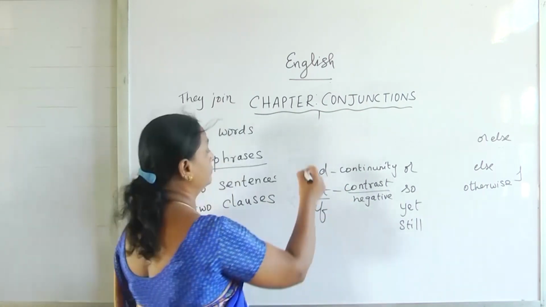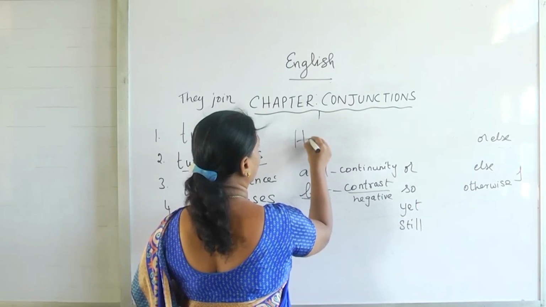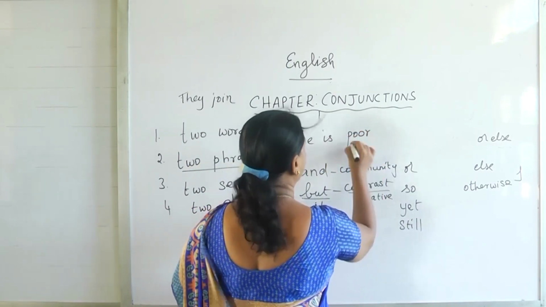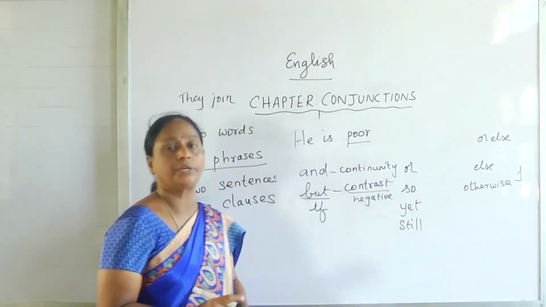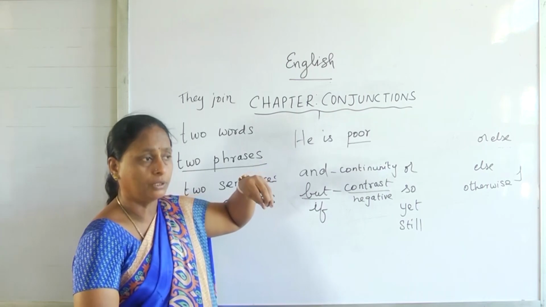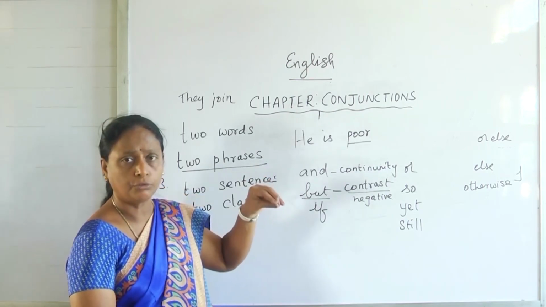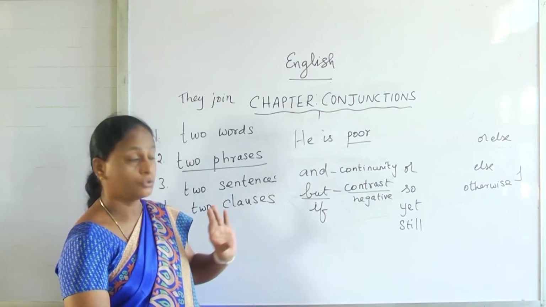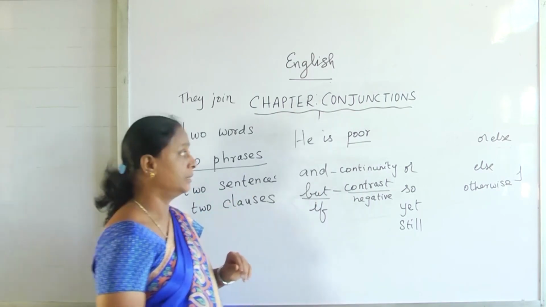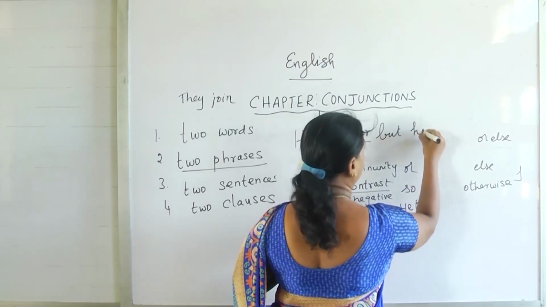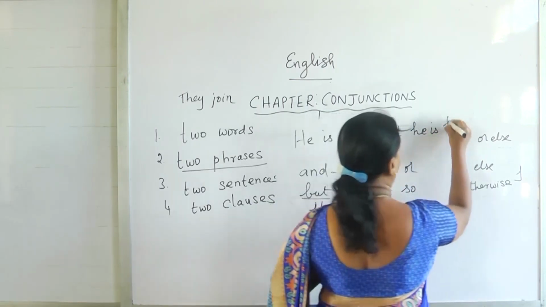See here, he is poor. The word poor shows his financial status. When you are poor, your mind may make you do some malpractice. But he is so honest. So it gives a contrast meaning. Or what can I write? That he is honest.